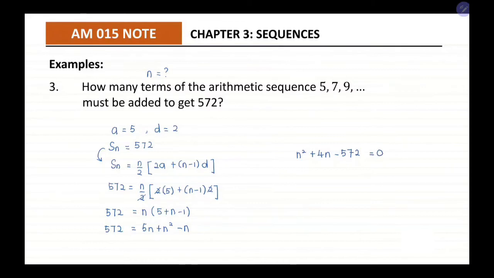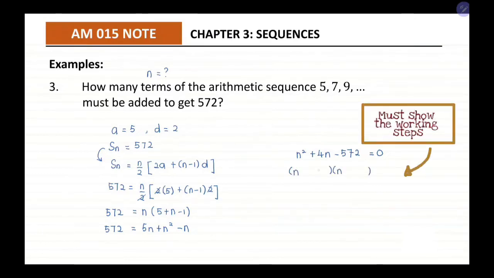Now we want to find n. To solve this one, we can use the calculator in quadratic mode to find the value for n, or we must factorize. So we factorize, we get 22 and 26, so plus and minus.